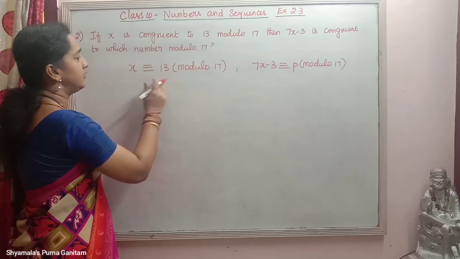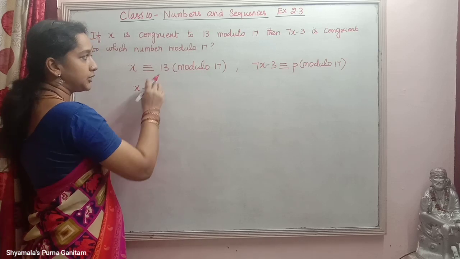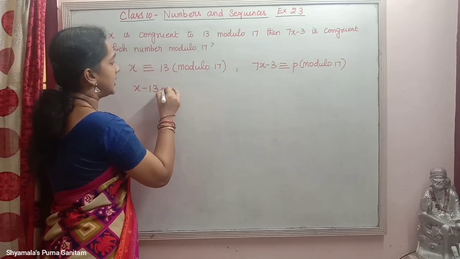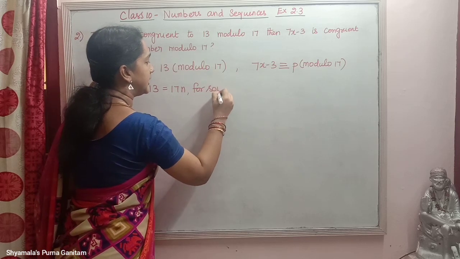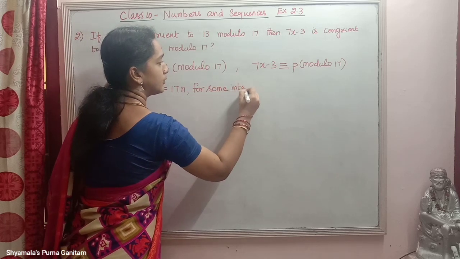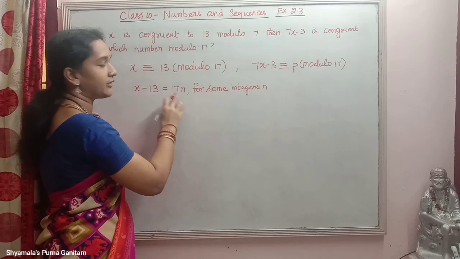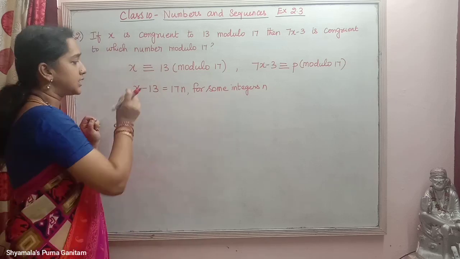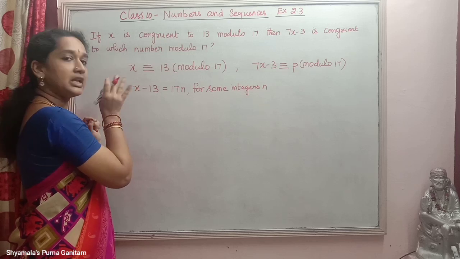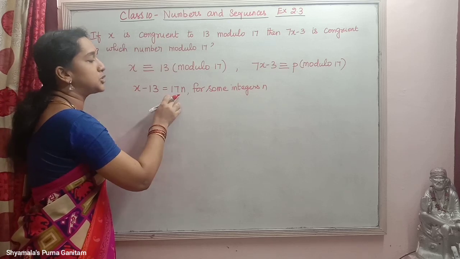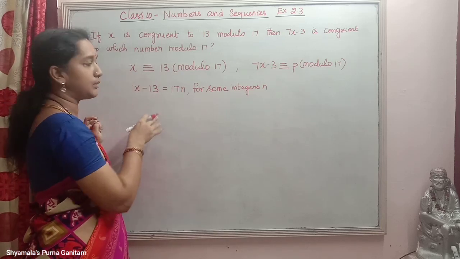So this one we will rewrite as x minus 13 is equal to 17n for some integer n. The meaning of this is, whatever value we substitute for x, we have to find a number such that x minus 13 is divisible by 17.